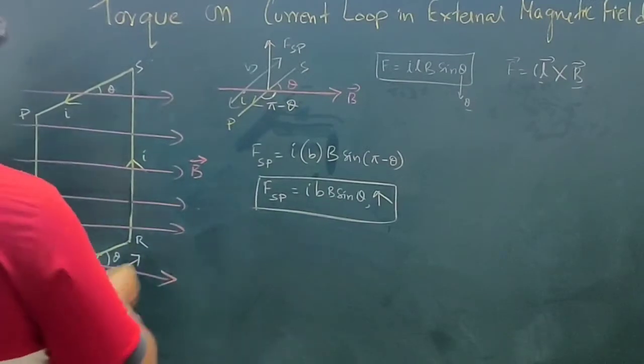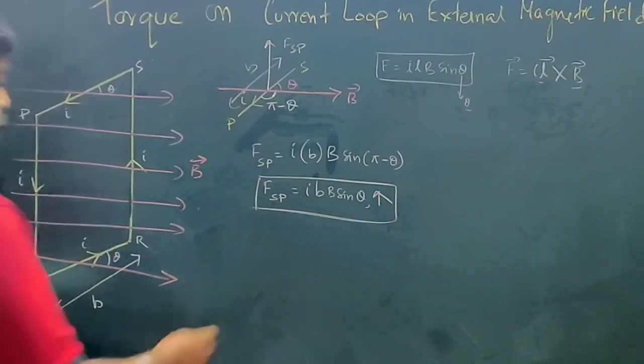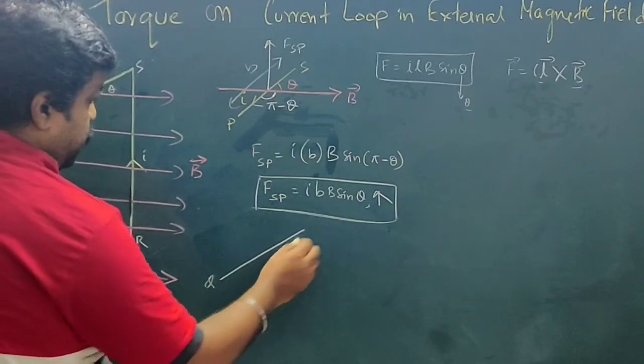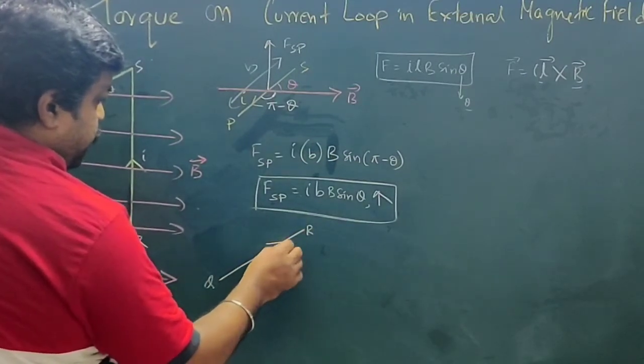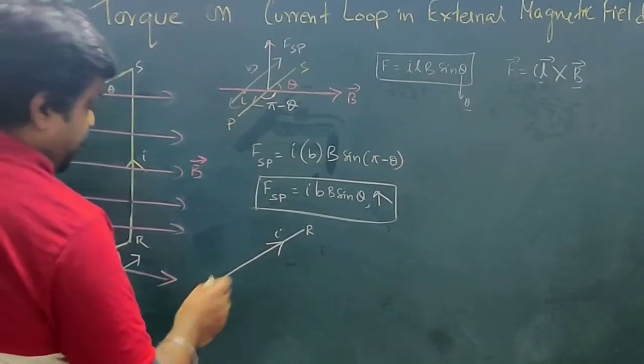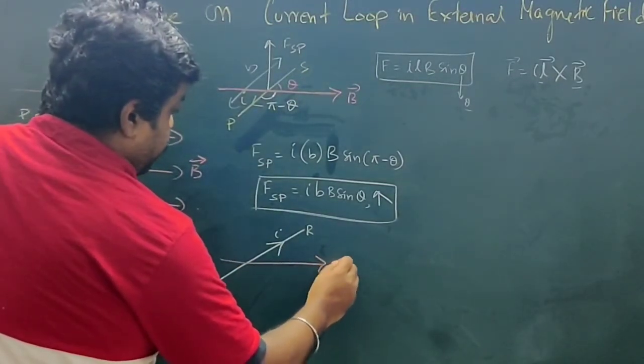Now let us see what the force is on segment QR. This is Q, this is R, current is flowing in this direction, I. This is the direction of the magnetic field.